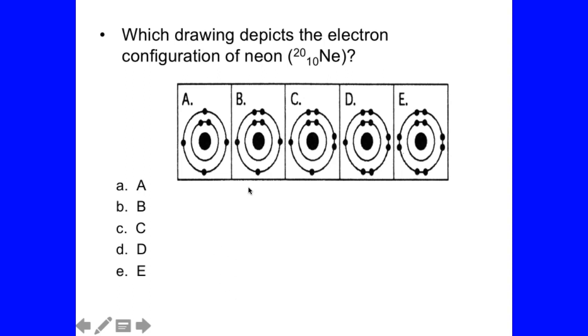Then look at the top part and find neon on the top of the periodic table and see which group number it falls into, because that'll also tell you how many valence electrons you should be able to count on the outermost valence shell. Okay.